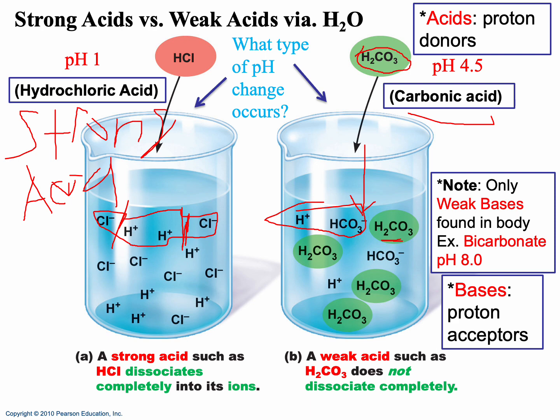It's also important for you to know the definitions of an acid and a base. So acids are defined as being a proton donor. They're going to donate their proton, or another term for the proton is simply hydrogen ions, H plus here. In contrast, bases are defined as proton acceptors.